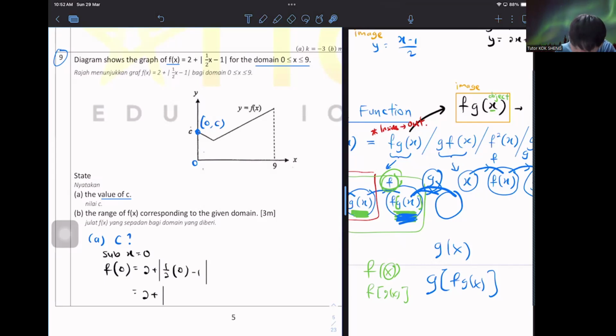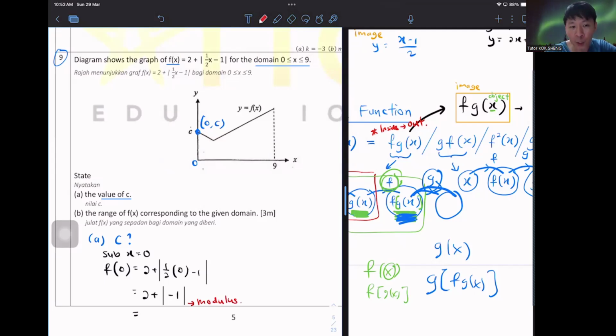Negative 1. Then followed by the symbol, the two lines, which is called the modulus.